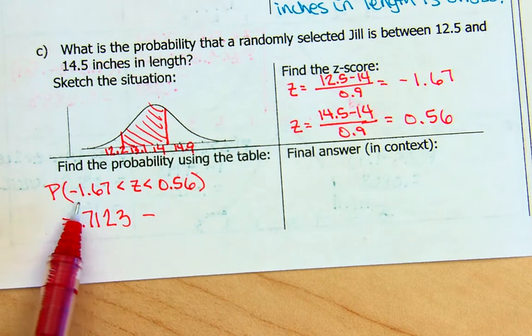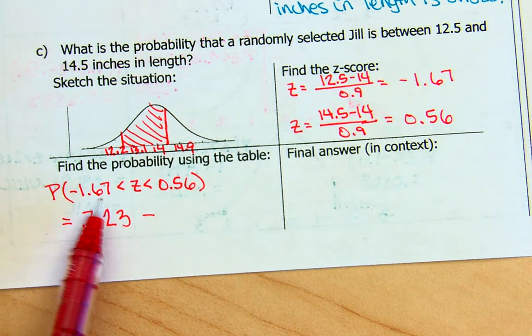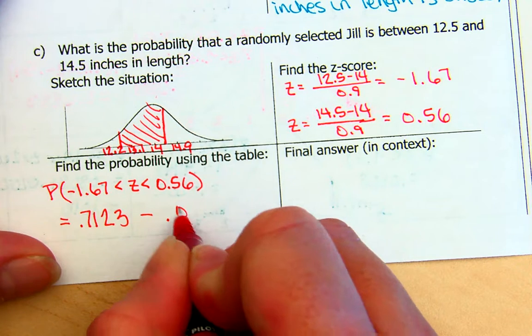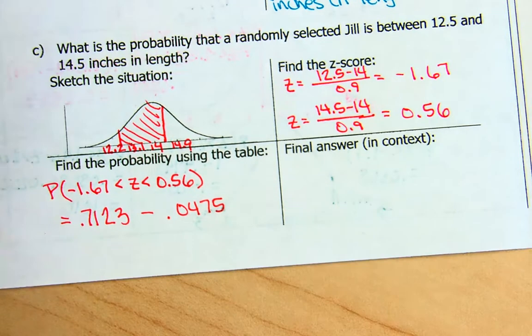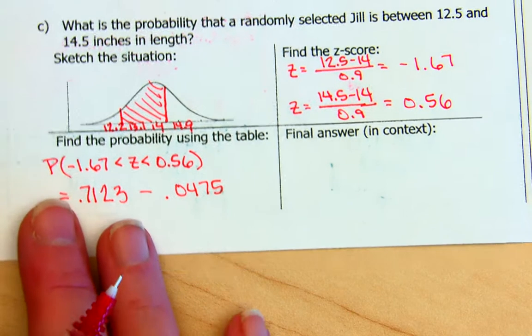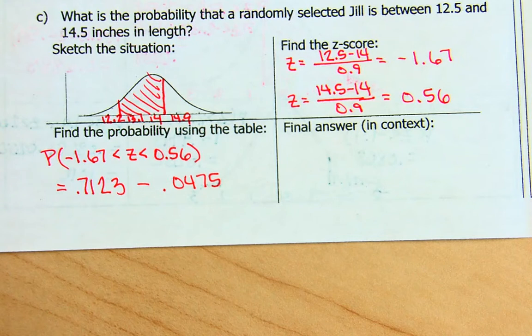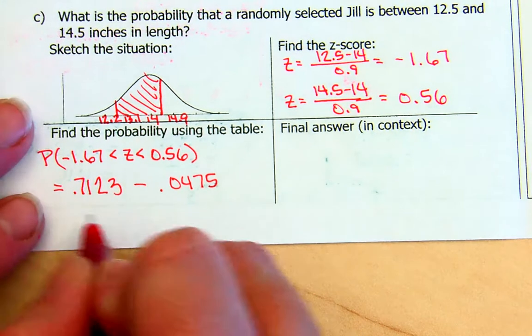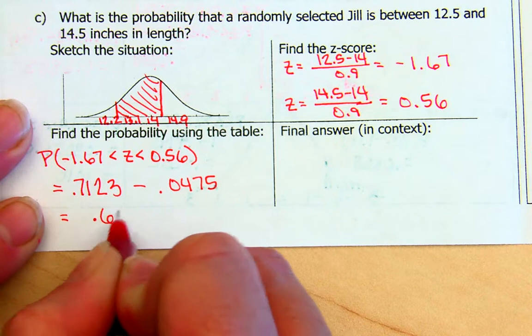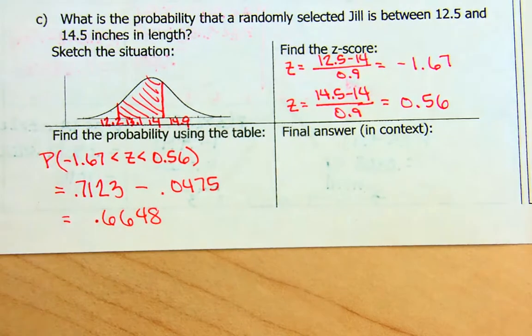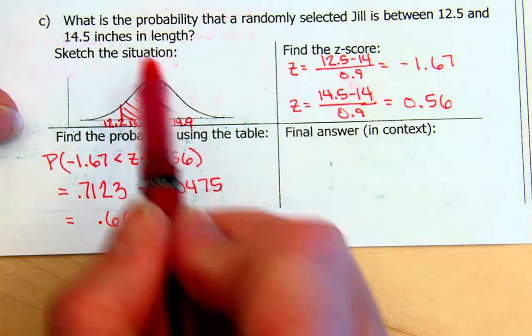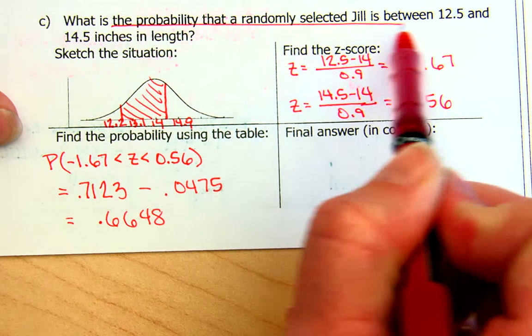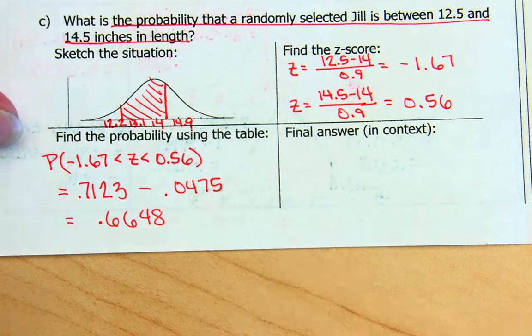And then I'll look up the negative 1.67. Go back to the question to get my context. So all of this is my context statement.